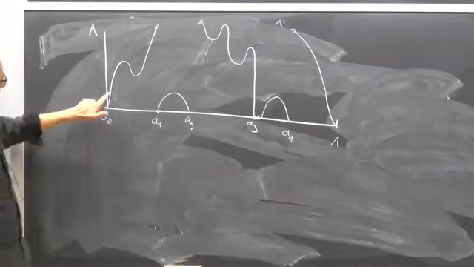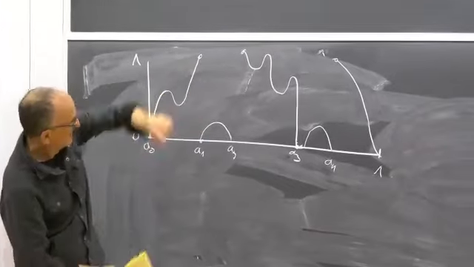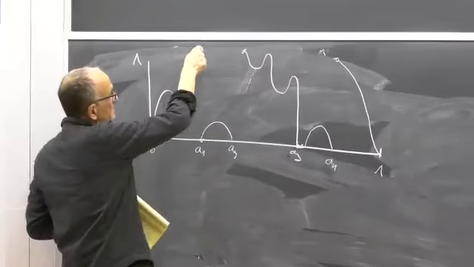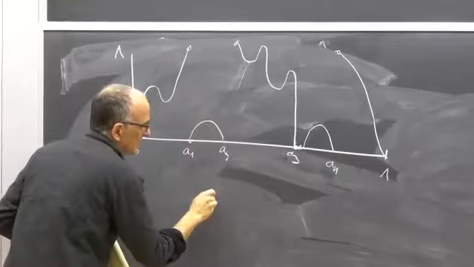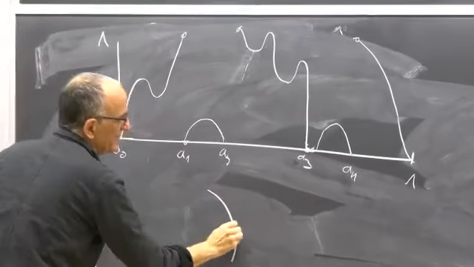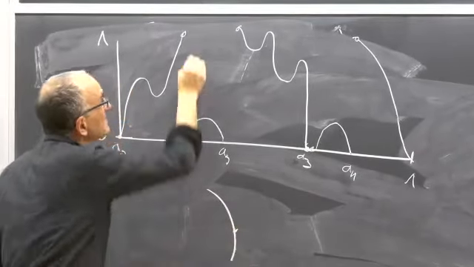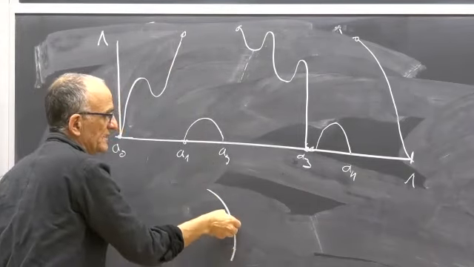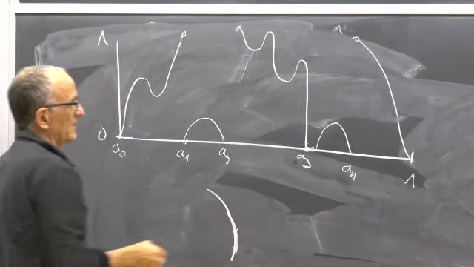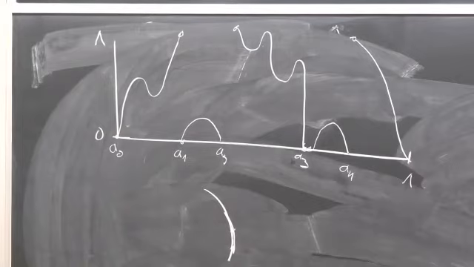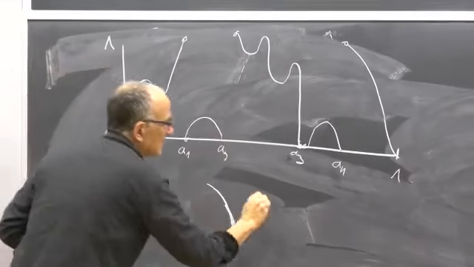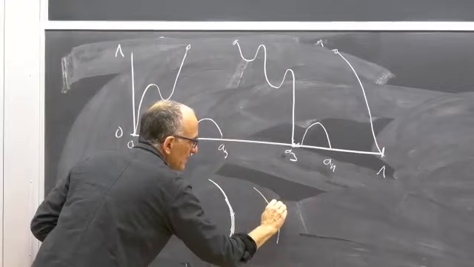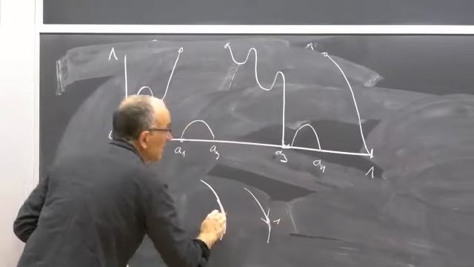Okay, this represents crossing the circle counterclockwise, right? If this is the circle, I'm looking at the image of f. This A1 represents going this way. Here, it represents going this way, around 1.